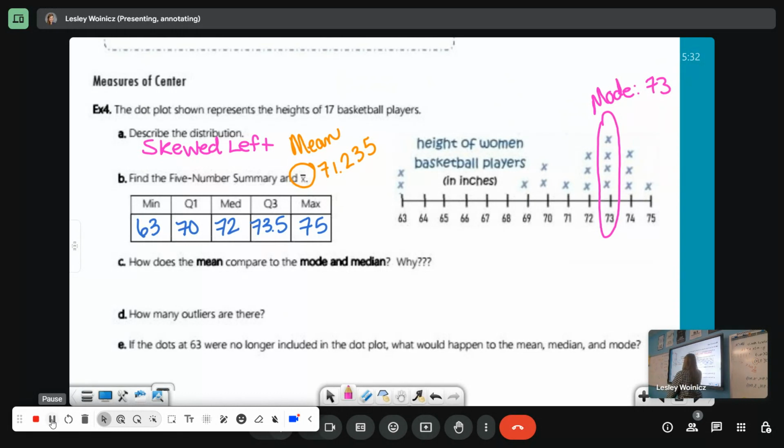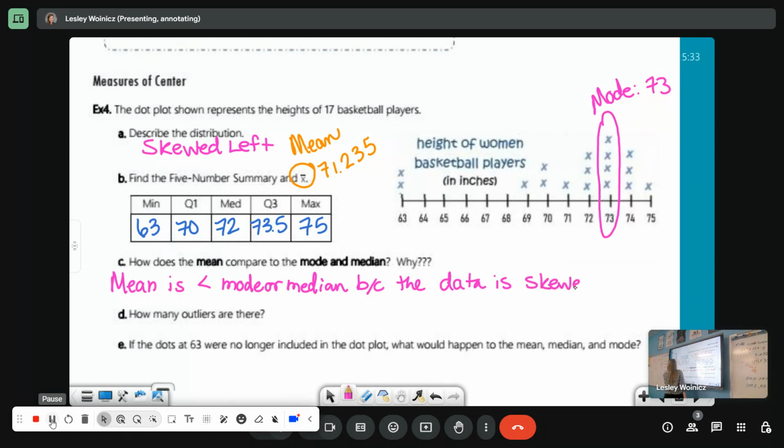Yes, the mean is less than the mode or median because the data is skewed left.